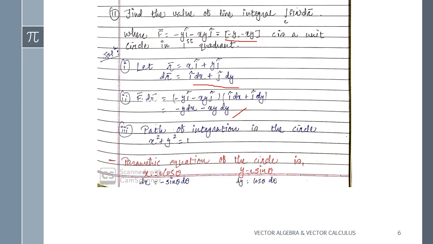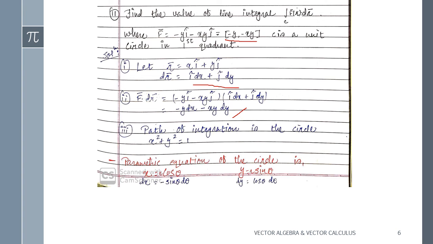So the path of integration is the circle, and here it's given x square plus y square equals 1. Okay, so as I said first, here there is not given any kind of curve or any kind of components of x, y, z, right? So from the equation of circle only you have to apply its parametric equations.